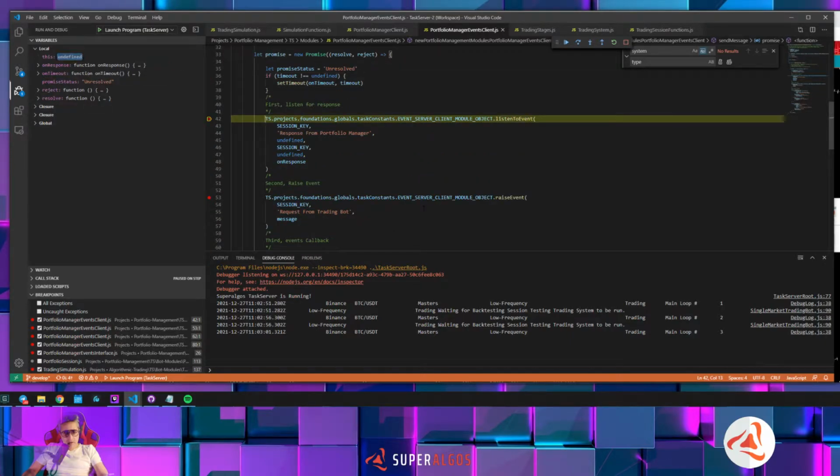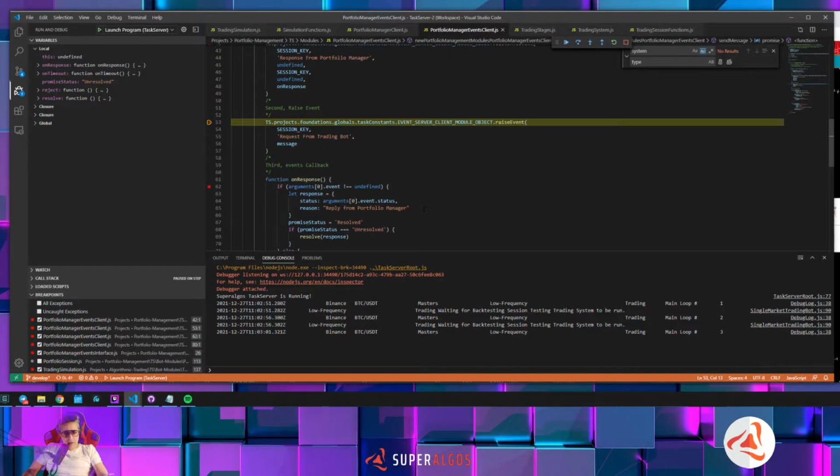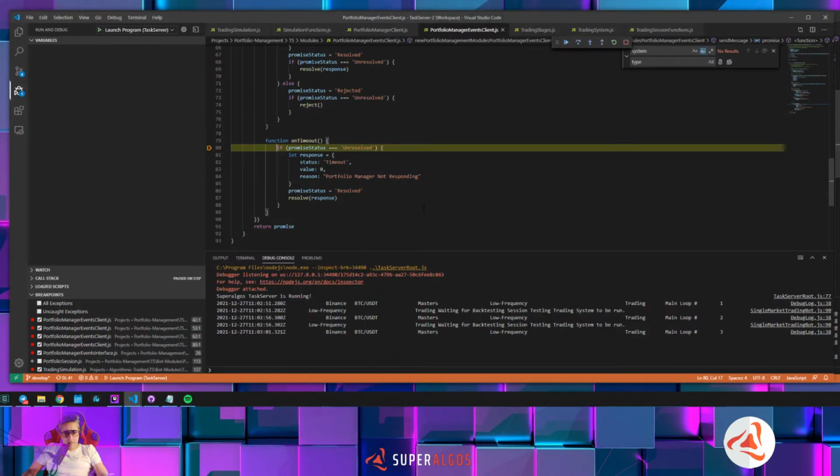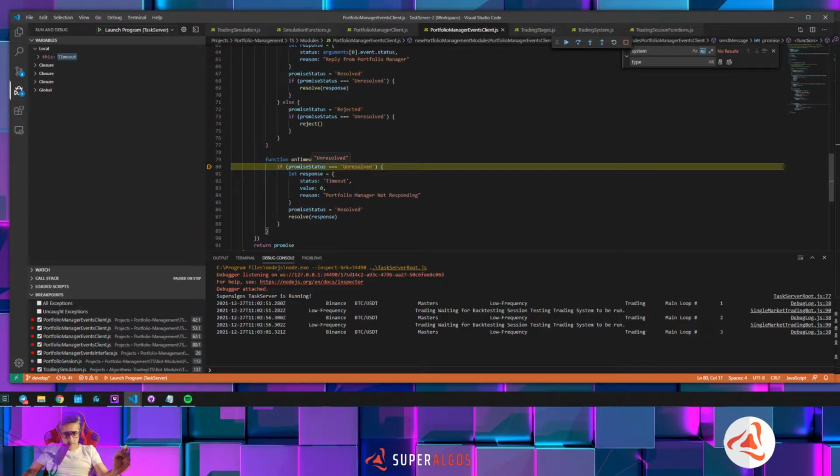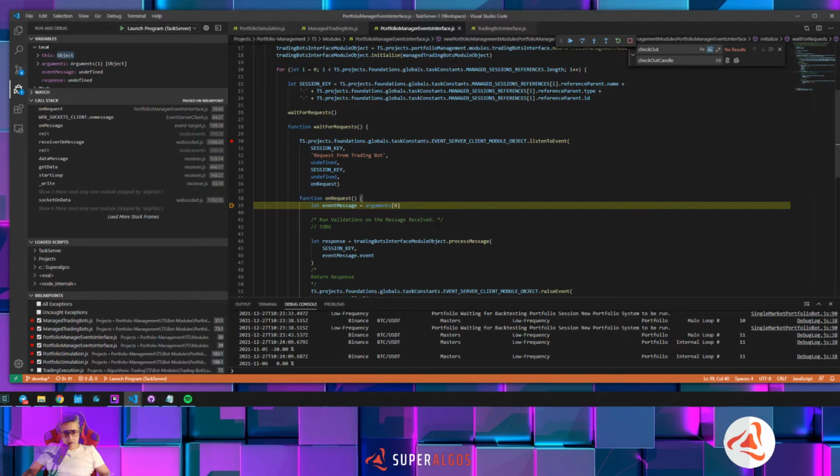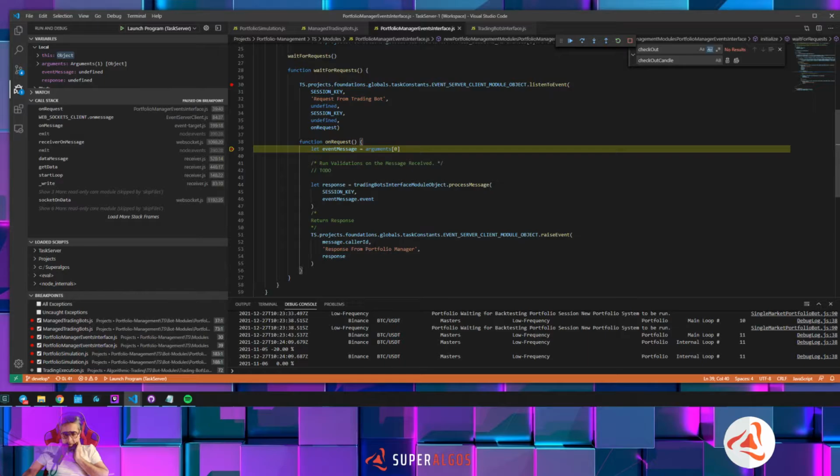Send this one, send the event. Okay, so we will stop it here because we don't want this to loop. But we have the event at the other side, at the portfolio. So let's check what's happened here.